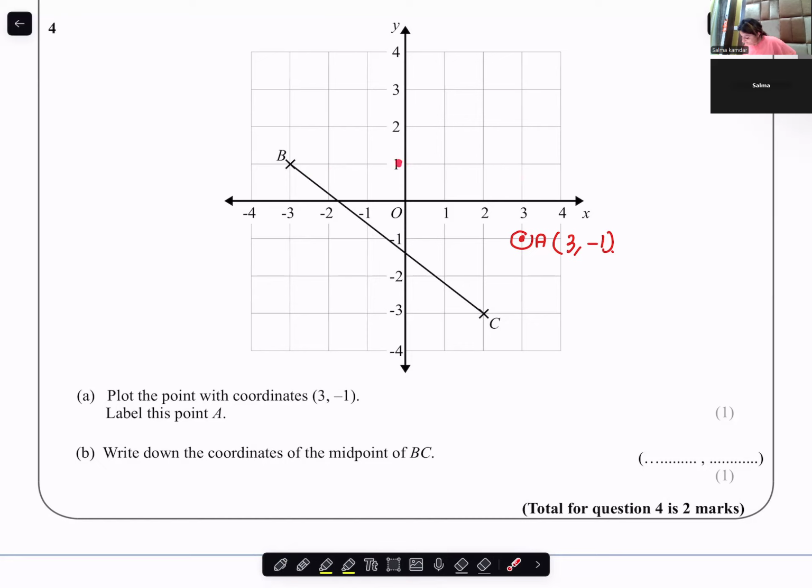Vertical, from B to C, 1, 2, 3, 4, and 5. So half of it would be 2.5.